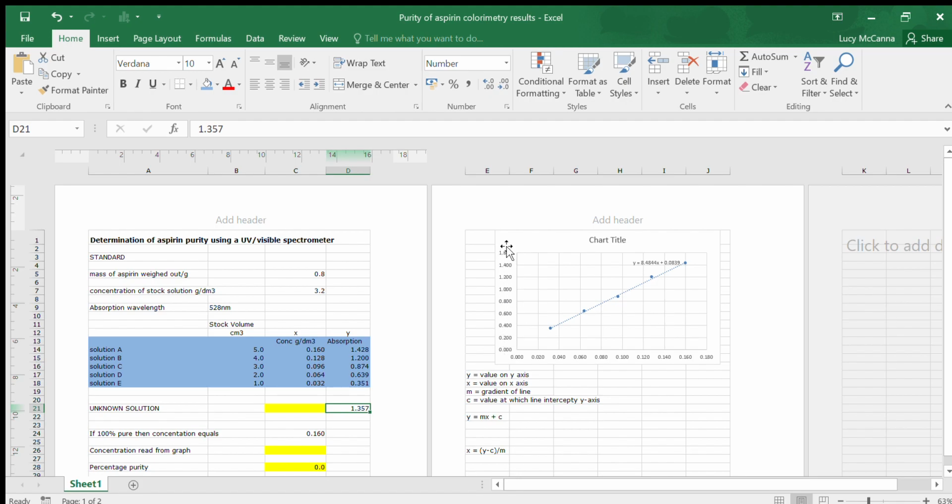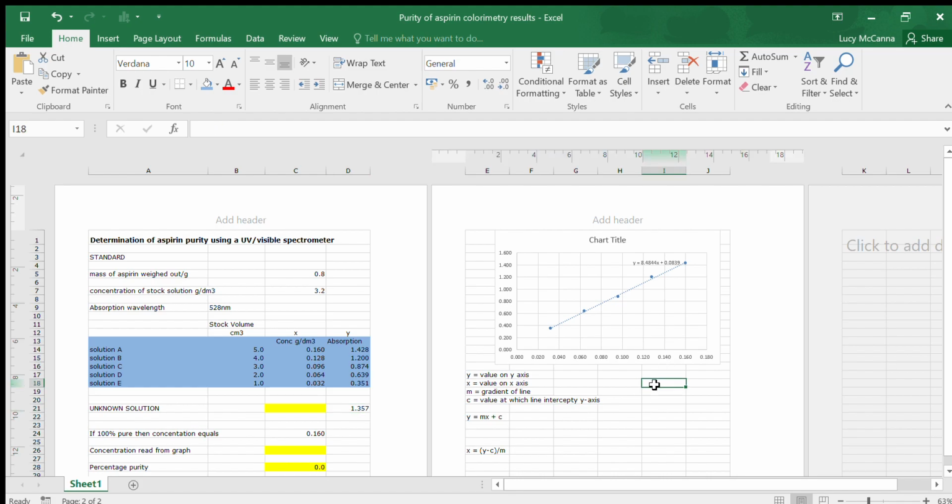So what we can do first of all is predict a value here. If we know that this absorbs at 1.357, that would be about roughly there, and we can go along. What's the concentration going to be? It's going to look like, I would say, about 0.145.